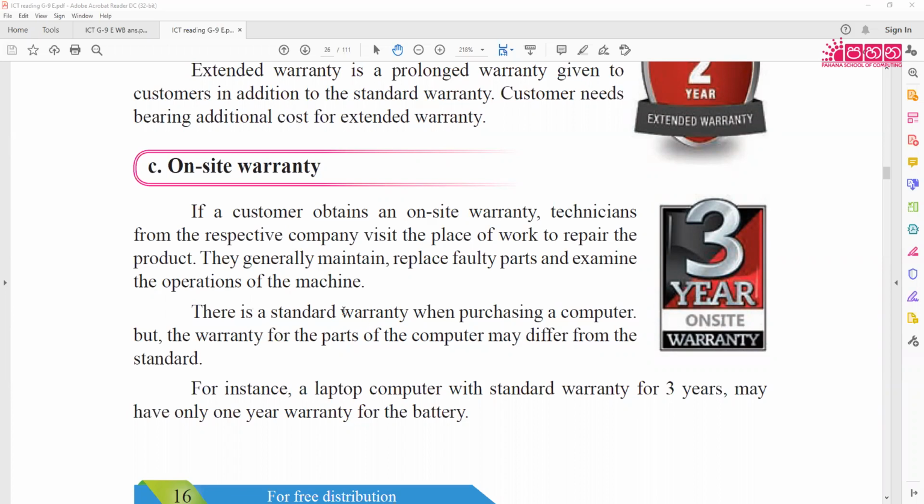Now, when it comes to these warranties, they will not cover every part in the same way. For example, sometimes they say you will have a 3-year warranty period for the laptop, but 1 year for the battery. Usually batteries are vulnerable.